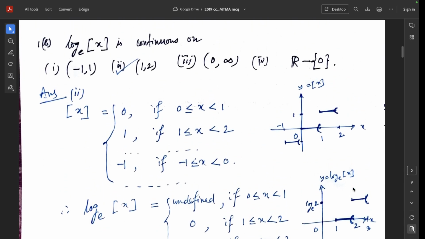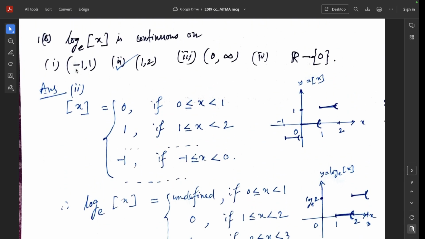Now, log of floor x is continuous obviously within the open interval, there is no value for log of floor x to the base e between 0 and 1, and within the open interval of 1 and 2 we get the value 0. This is continuous within this open interval, and obviously not continuous within the interval 0 to infinity. So the correct answer is this, within the open interval between 1 and 2.